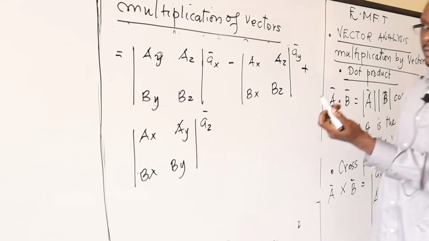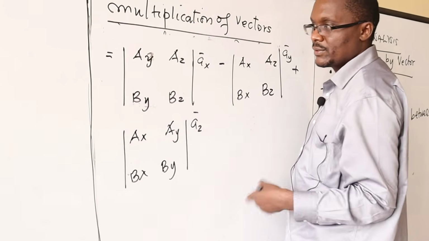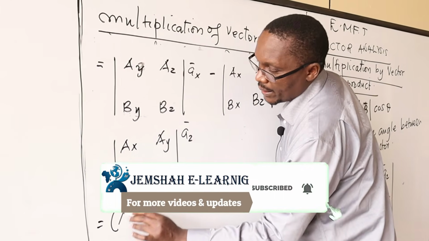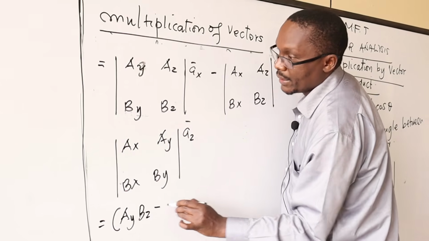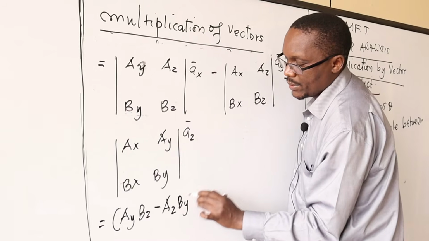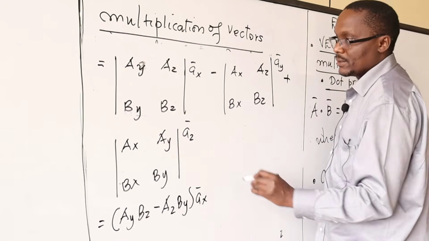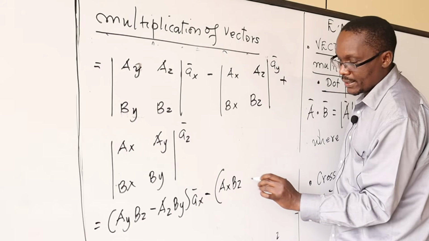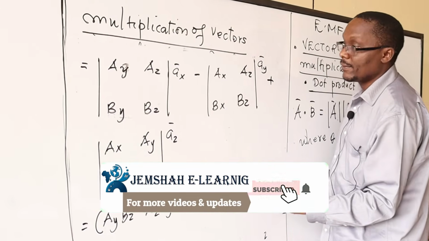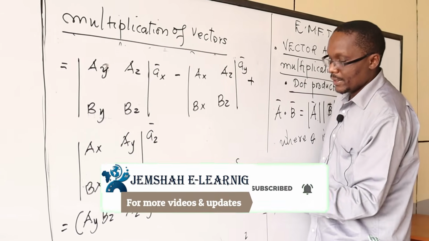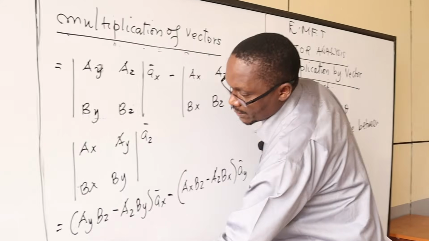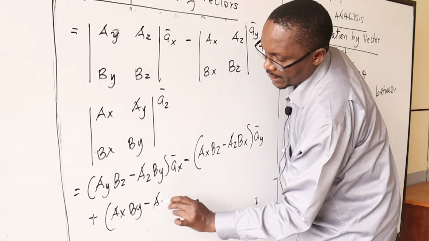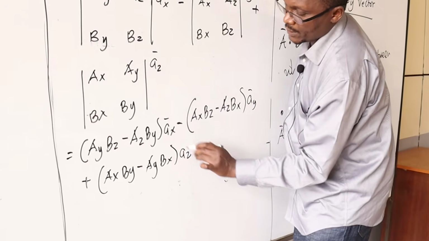If you are to get the real determinant of a 2 by 2 matrix, because it's almost like a matrix method, this is the same as starting with AY BZ minus AZ BY in the direction of AX, again minus AX BZ minus AZ BX in the direction of AY, then plus AX BY minus AY BX in the direction of AZ.